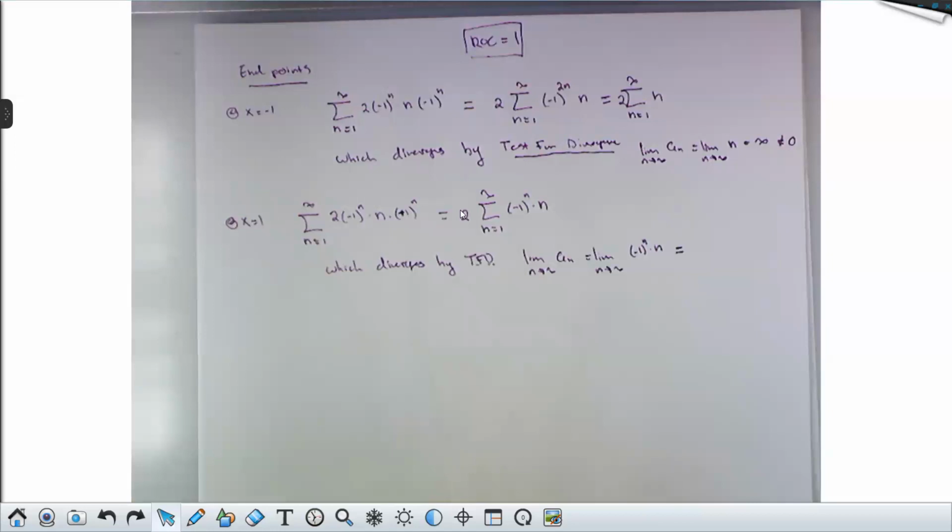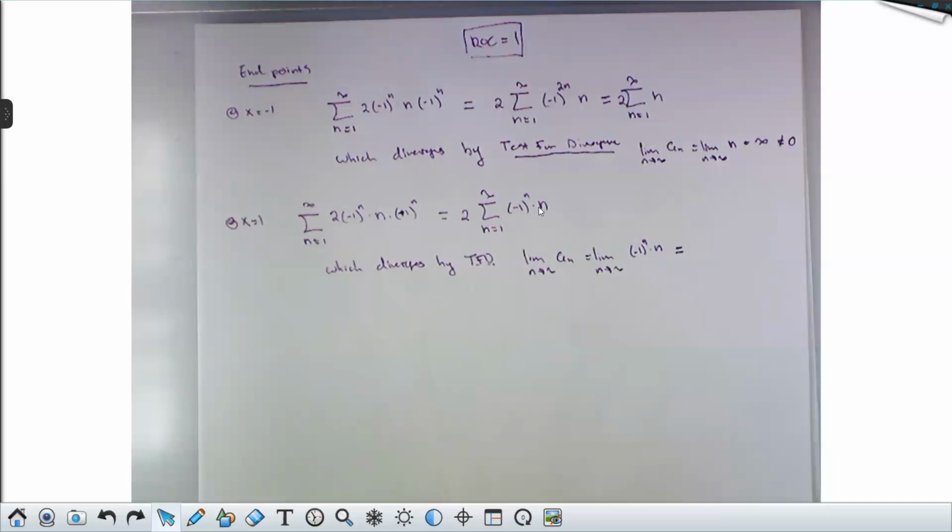It's true, the series diverges, right? But what can we say about this limit? Or maybe you mean that the limit diverges. That's not quite the language we would use. It's true that the sequence a_n here diverges, which would imply divergence of the series, but we want to be very careful with our language.